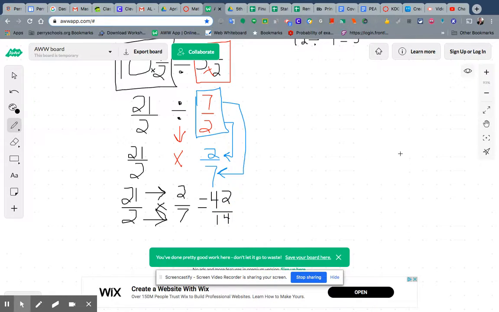So now I'm going to come over here. Up until now, I've been pretty much dividing in my head. I'm actually going to work it out to the side here. 42 divided by 14. And again, I use this friendly number, and I'm going to say to myself, well, what is 3 times 14?